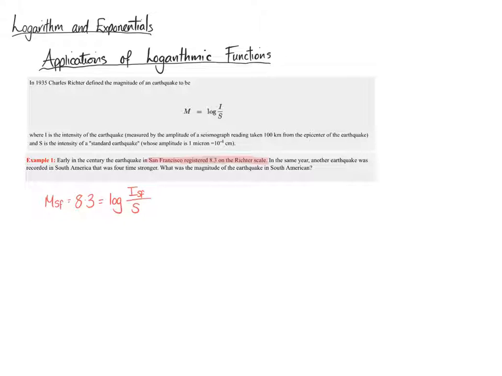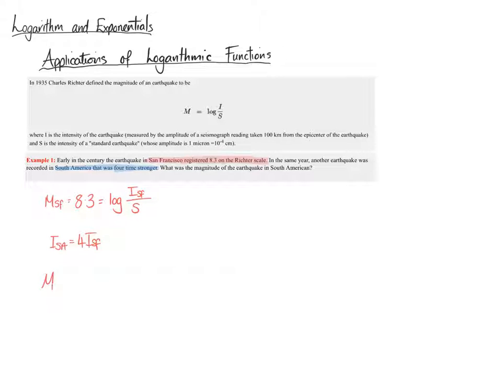Other things we can take from this question: we were told that the one recorded in South America was 4 times stronger. So the South American one was 4 times as strong as the San Francisco one. We can plug that into our equation to give us a different one.